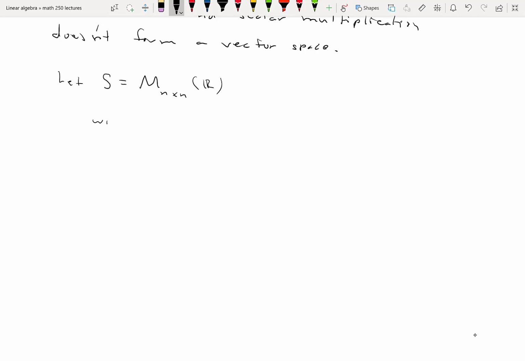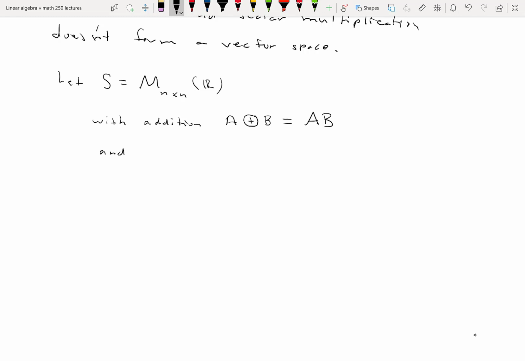Now I want to see if this is a vector space, so I'm going to need a couple of operations. With addition, I'm going to define my symbol for addition as plus with a circle over it, with A plus B being defined as AB. So I'm defining addition as multiplication of matrices.